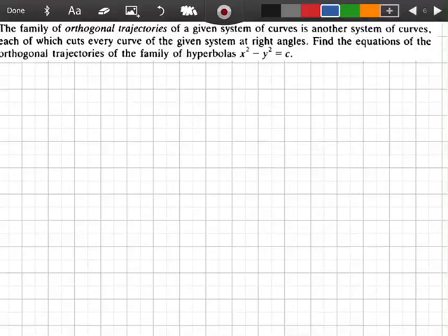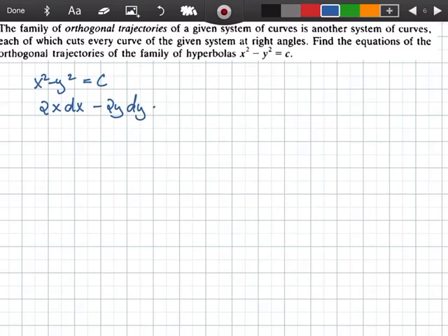So, ang gagawin natin, x squared minus y squared equals c. Kukunin natin yung ating slope and then ine-negative reciprocal natin para makuha natin yung equation of the orthogonal trajectories. So, kapag i-differentiate natin to, magiging 2x dx minus 2y dy is equal to, ano ang c?